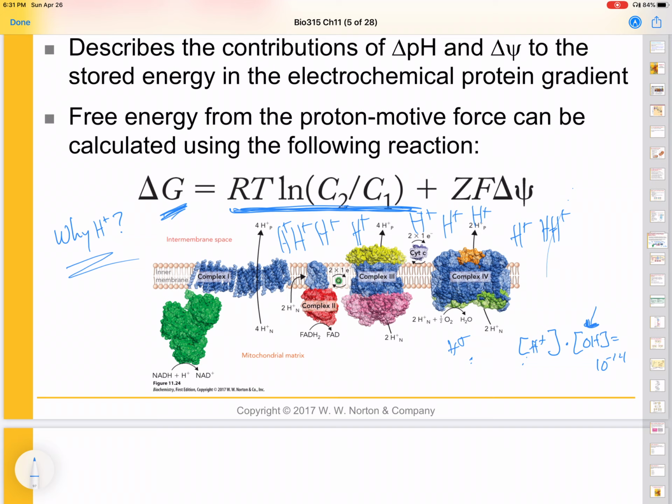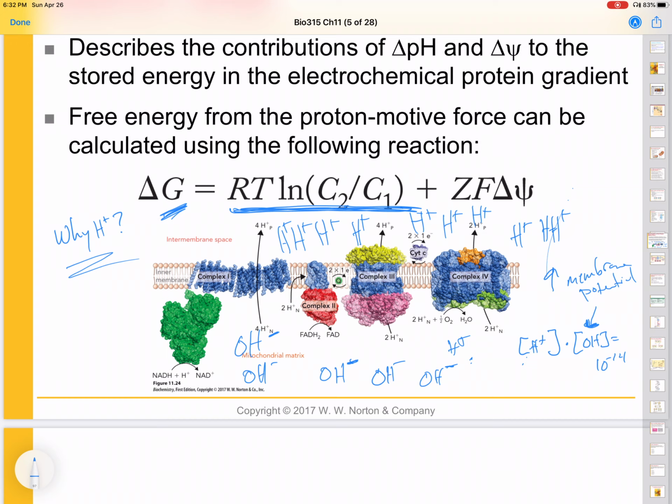So by pumping protons across the inner membrane, you now create a lot of hydroxides in the mitochondrial matrix. So you're changing the pH, and this then increases the membrane potential even more. So you have a lot of bang for your buck by using protons versus any other ion there.